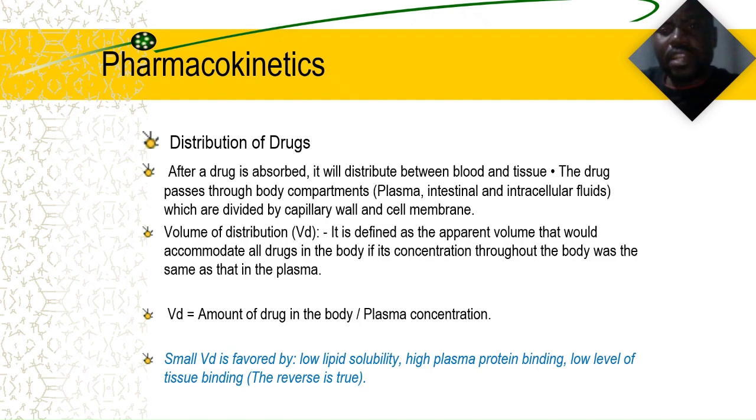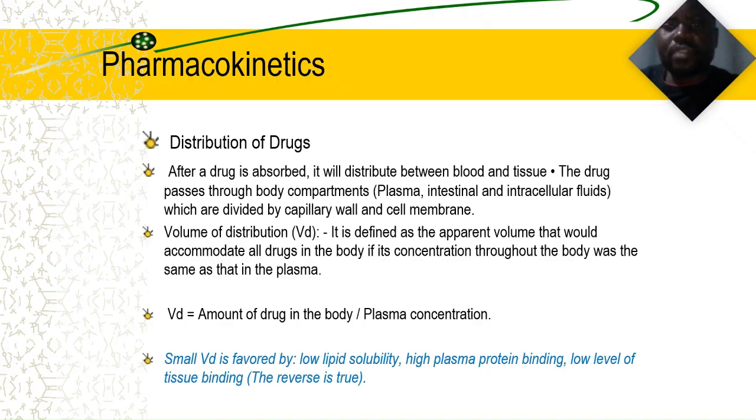So how do we determine the volume of distribution? It's basically the same formula that we use in chemistry to calculate the concentration of a substance: you find the mass, then you divide by the concentration that you want to achieve. That is your volume.